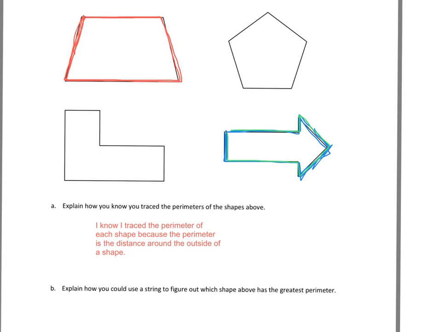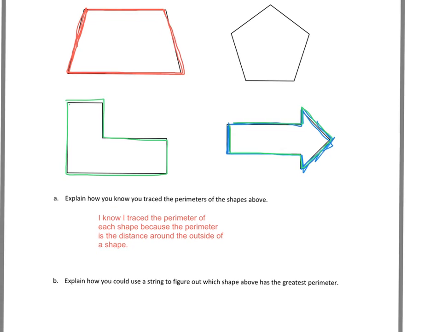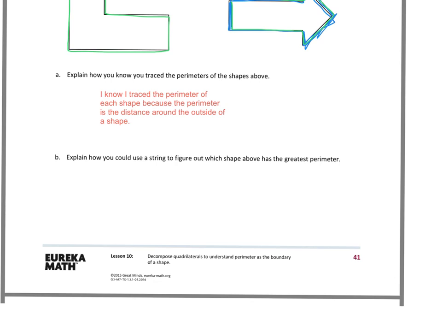Then I would take a string and lay it on the perimeter of this shape, and then take it off the shape and measure it and see which one was longer. I would do that for each of those 4. So that's how I would figure out which shape has the greatest perimeter.